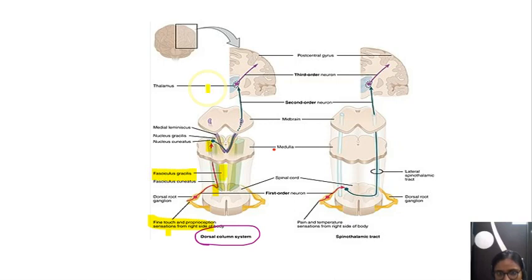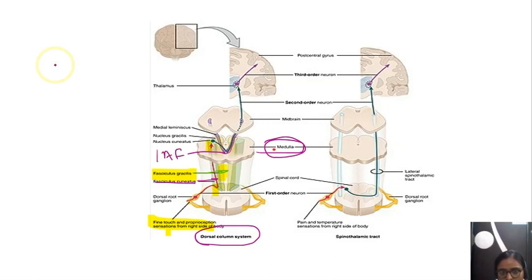You can see this, and I'll draw it with another pen. This is on your medial side, and the fasciculus cuneatus, see this one, is on the lateral side. So it is ascending upwards in the medulla. See here, medulla. So in the medulla these fibers will cross, these fibers cross here, it is called the internal arcuate fibers, right?